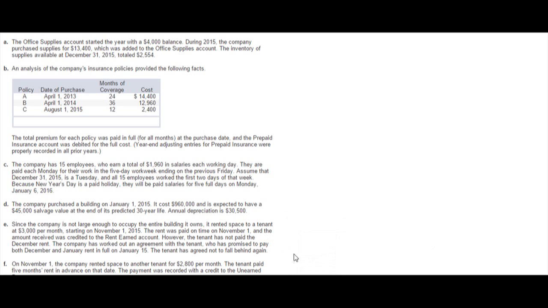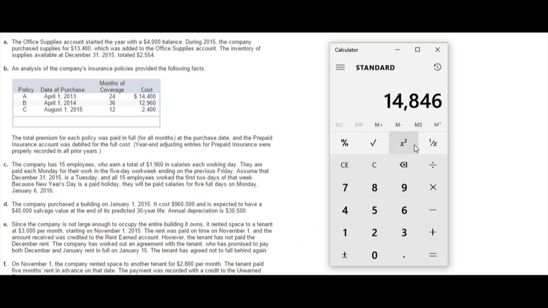$14,400 divided by 24 months gives you $600 a month. Times 4 gives you $2,400. That's the cost for the first one, the expense.